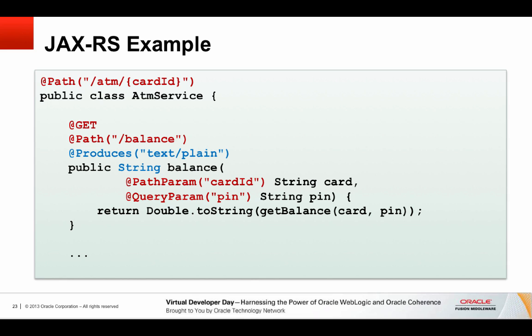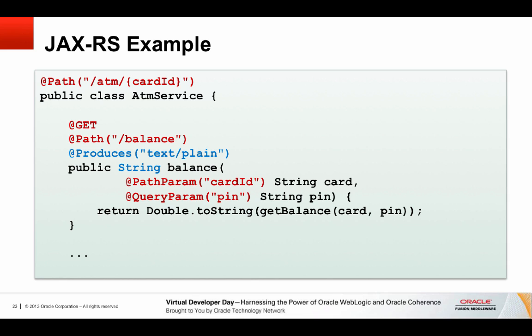You can see that we have then annotated the fact that it's going to produce a content type of text plain as a response. And then interestingly, in the method declaration itself, I have a couple of parameters, a string that represents the card and a string that represents the PIN. But what I have here is a declaration to say that I want to fill those with values that come from various aspects of the HTTP request.